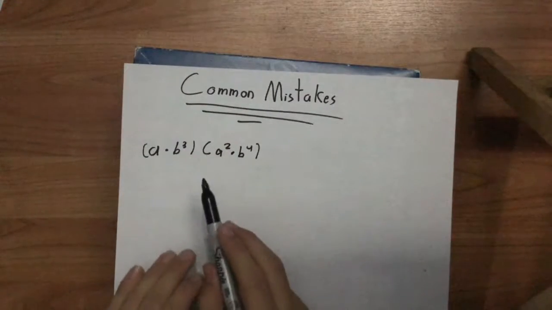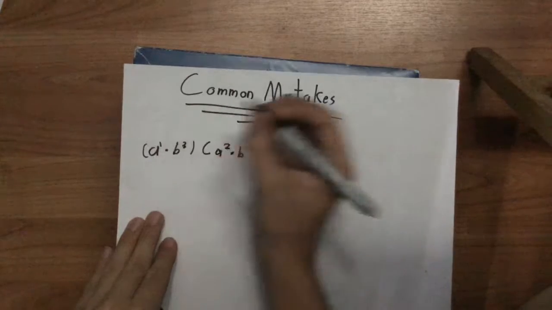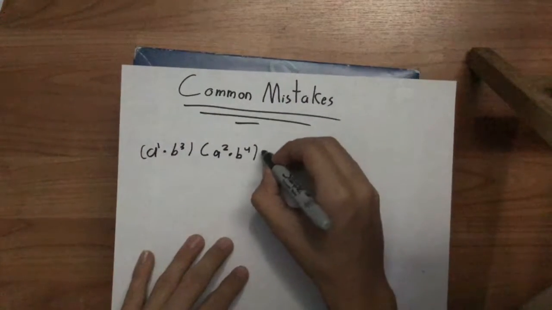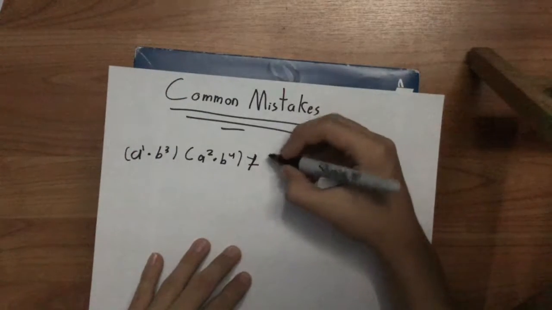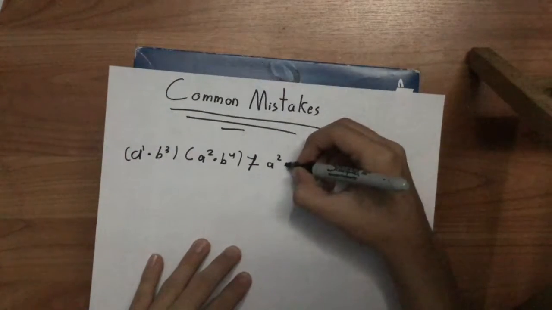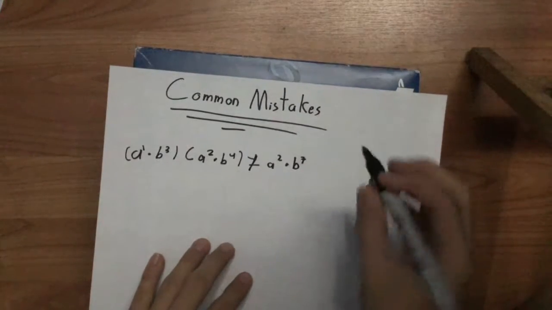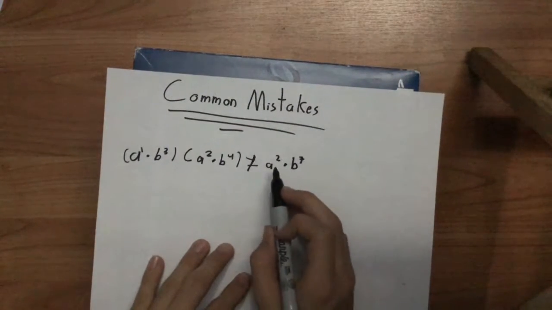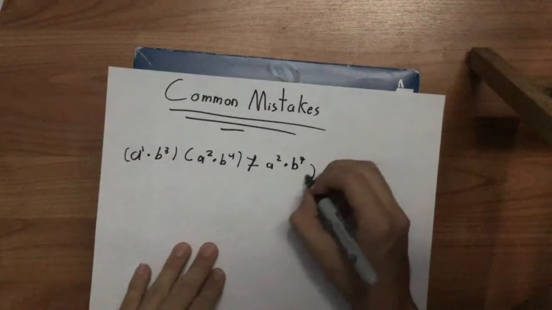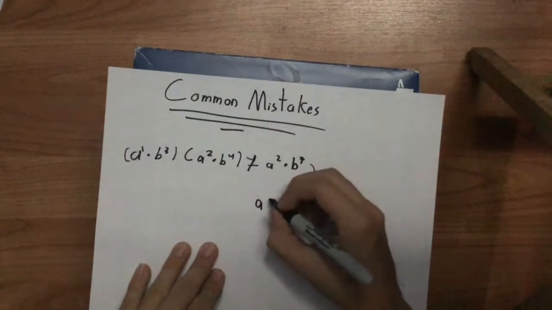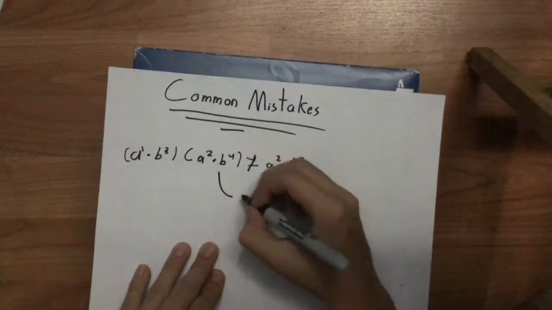One common mistake is that people sometimes don't realize that over here is a 1. So, what they will put here, which is incorrect, will be a to the second power times b to the 7th power. But it's incorrect because, as you can see here, we have the variable with the 1. And the correct answer will be a to the 3rd power times b to the 7th power. So this will be the equal.